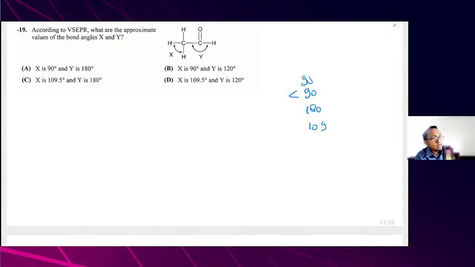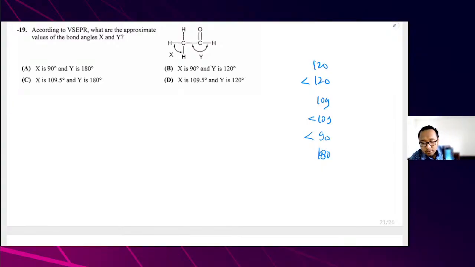Most cases are 120, 109, or less than 109, or less than 90, or 180.